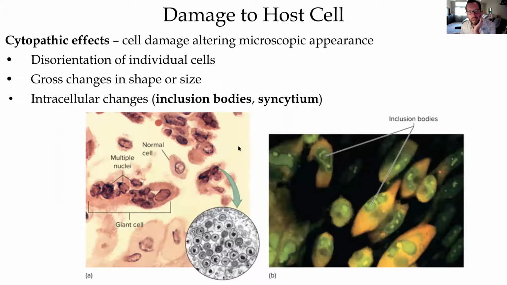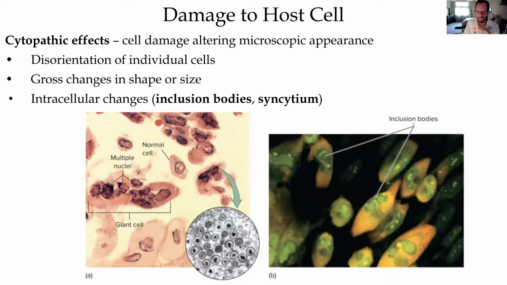What are some of the effects of having viruses making babies in your cells? Well, we call these cytopathic effects. Cyto meaning cell, pathic, right, meaning to damage, not normal. Abnormal cytological effects. So we can look at that with the microscope.